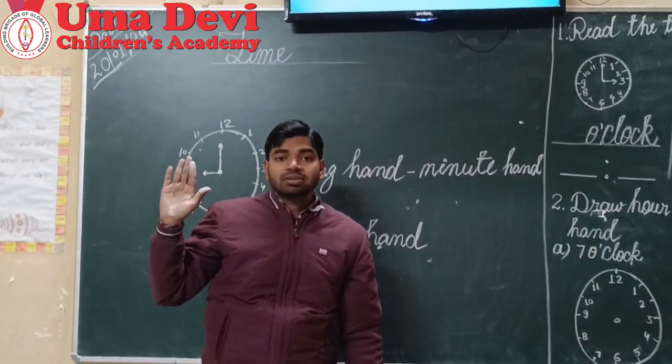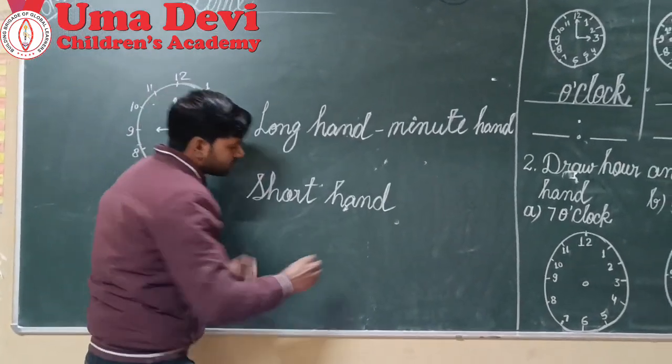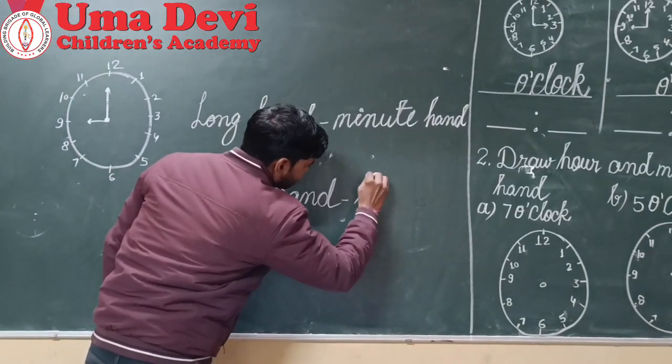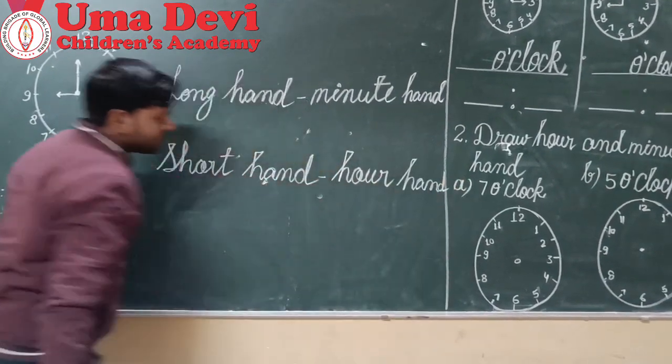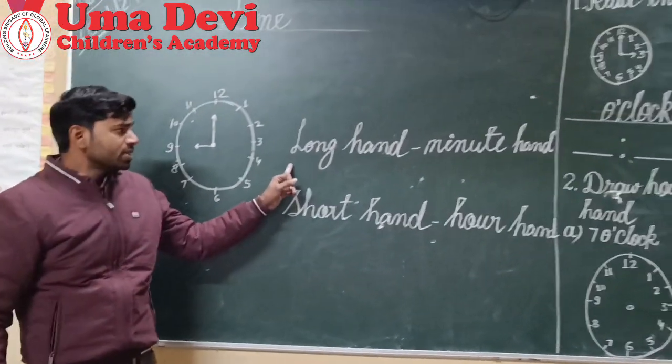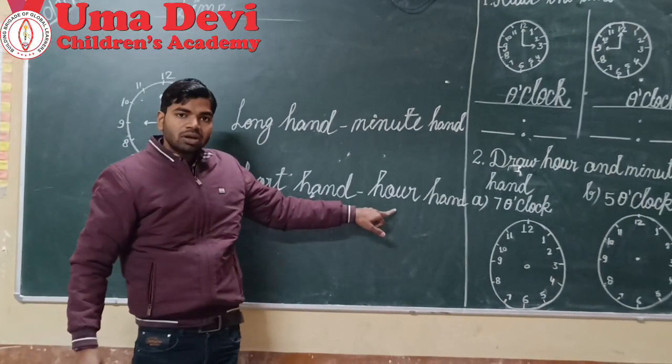And this is the short hand, and the short hand is also known as the hour hand. Okay, so the long hand is the minute hand, the short hand is the hour hand.